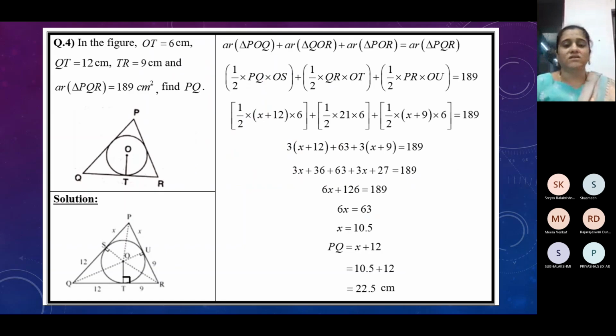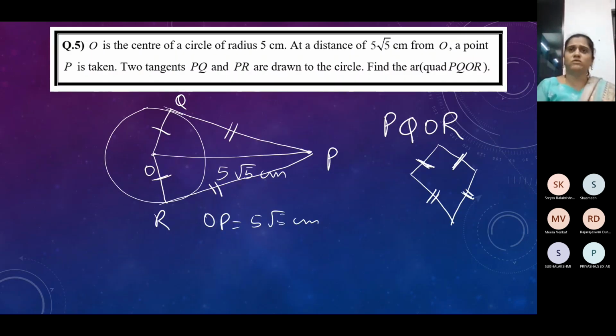So this is a kite. PQOR is a cyclic quadrilateral, as Hitesh told us.